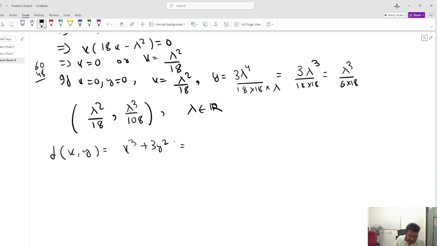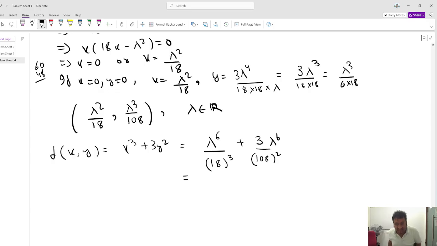So if you substitute, lambda to the power 2 into 3, 6 divided by whatever this is, 18 cube, plus 3 into 108 square, into what? Square you are doing, again lambda to the power 6. We have to solve this weird expression.